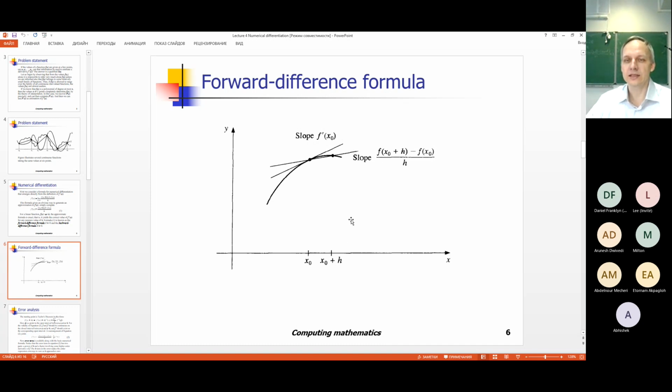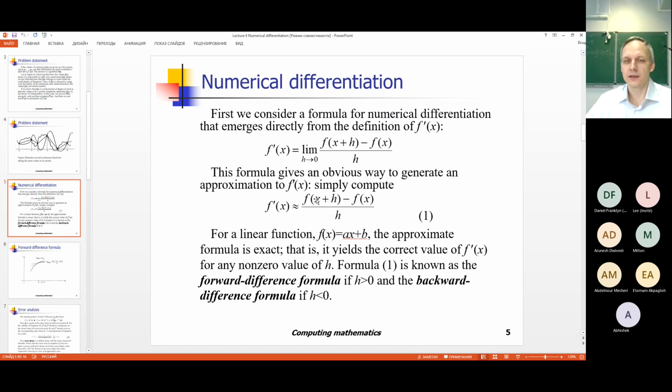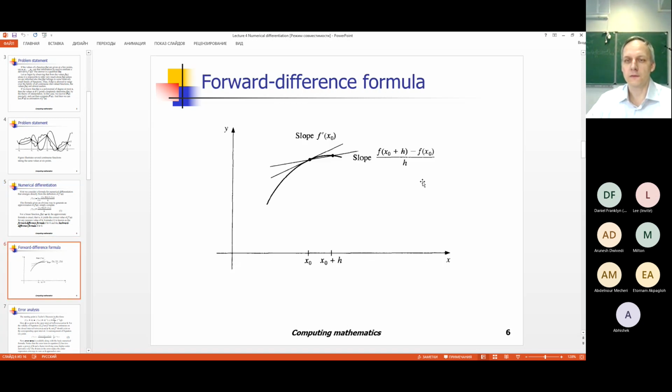But if I consider formula number 1 for the points x0 and x0 plus h, it corresponds to the slope of this second line that passes through two points: the point f of x0 and the point f of x0 plus h.